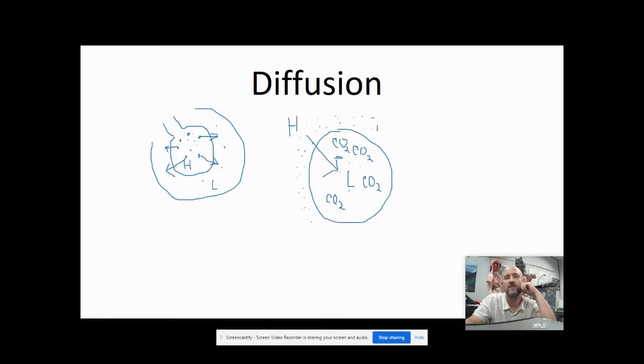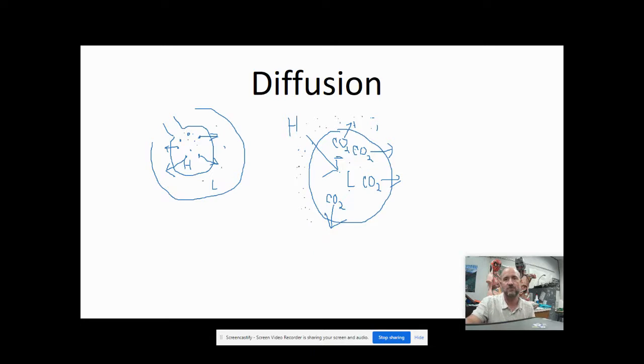Nope. So which way would the CO2 move? From high to low, and it would leave our cell. So this is kind of an example of how diffusion works inside your cells to help life live. It's just this exchange of carbon dioxide, a poison, for oxygen, which is good.